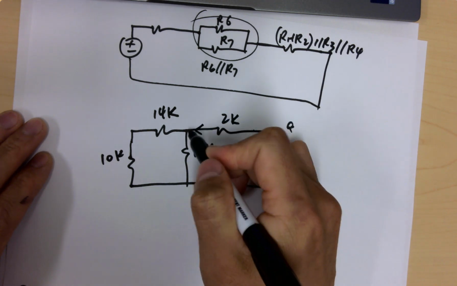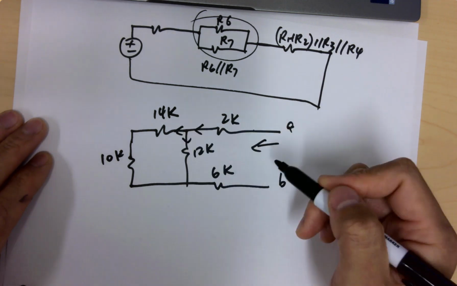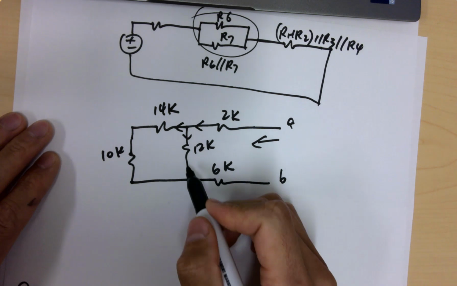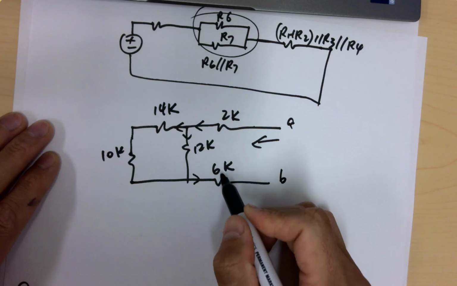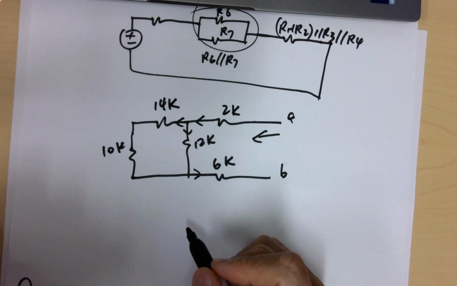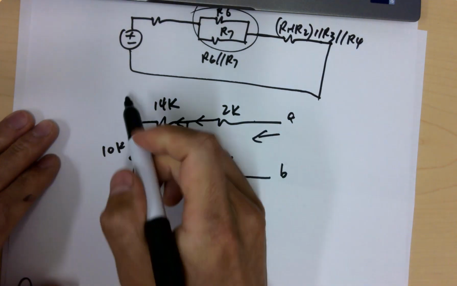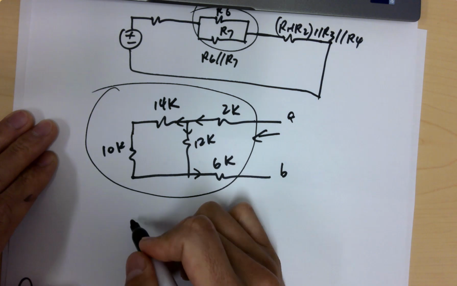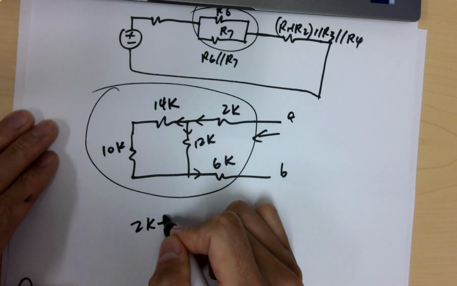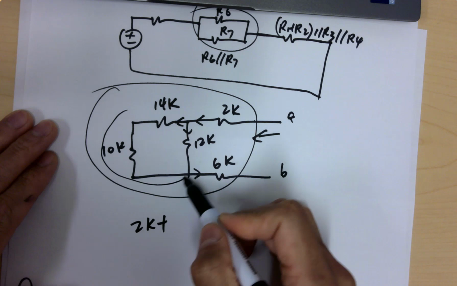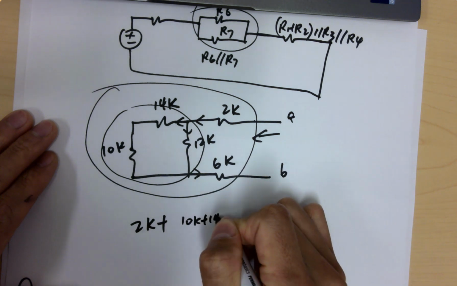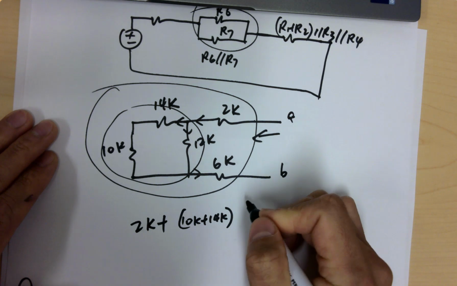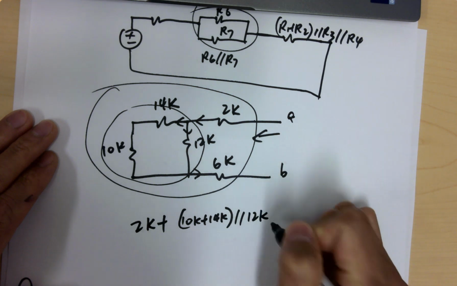Starting from here, the current gets split into two branches, and then they merge here and come back through to B through the 6K resistor.